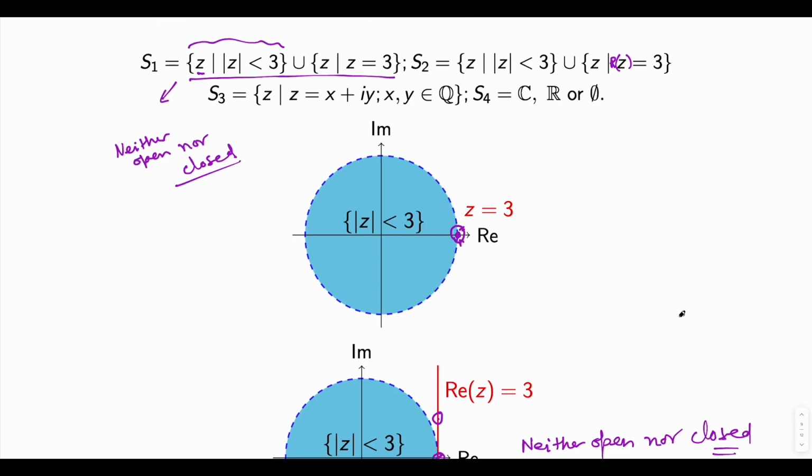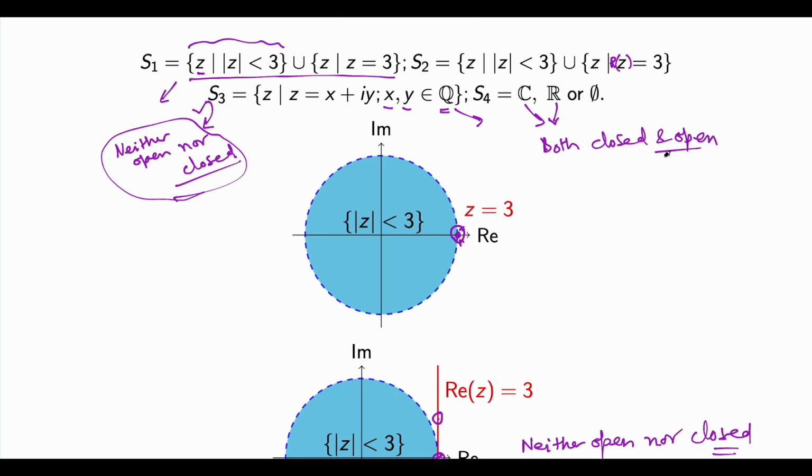Now let us see the third example. All those z such that z = x + iy, where x and y belong to the rationals. This set is neither open nor closed. Similarly, the set of complex numbers and the set of real numbers are both closed and open, right?